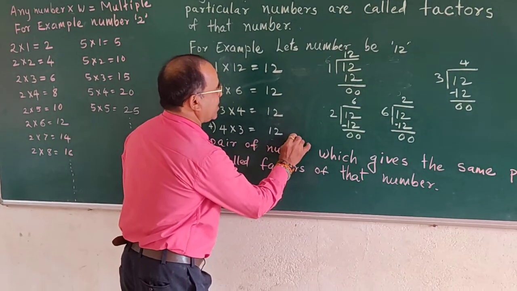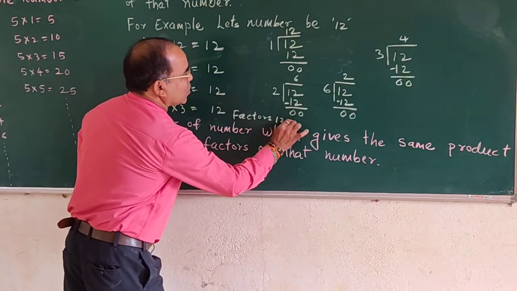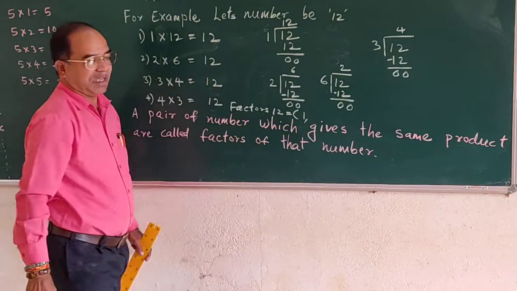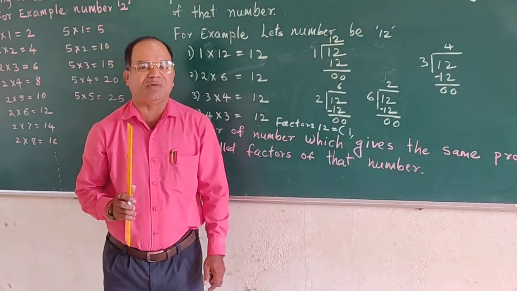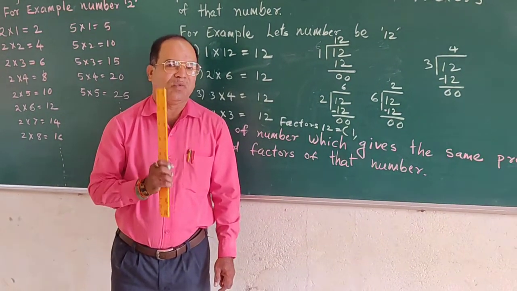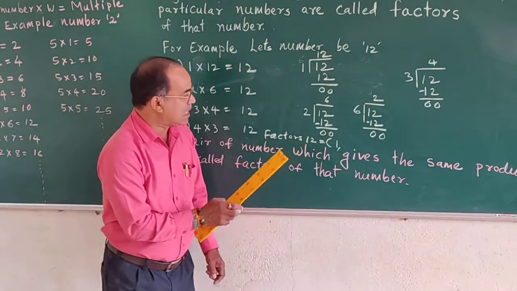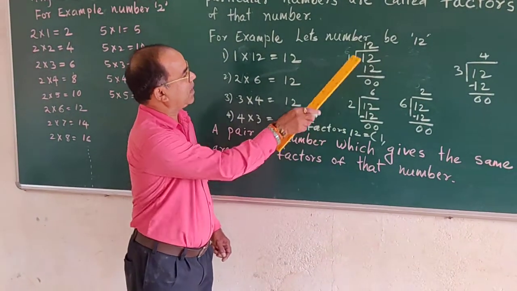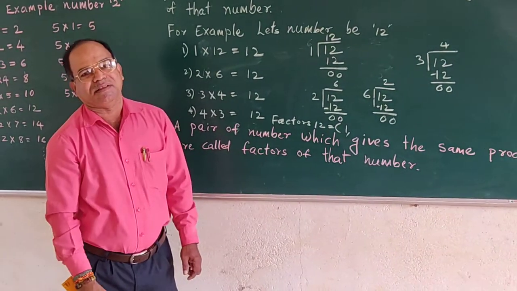So we can write factors of 12: 1 is a factor. Keep in mind, 1 is a factor of every number. Then the number itself is also a factor. Here the number is 12, so 12 is a factor of itself.